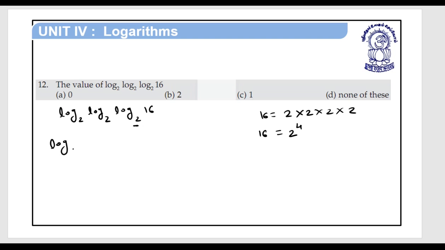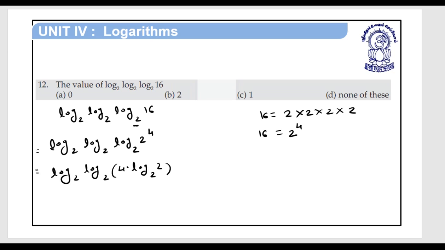So put the value of 16 as 2 raised to 4: log to the base 2 of 2 raised to 4 is 4 into log 2 to the base 2.